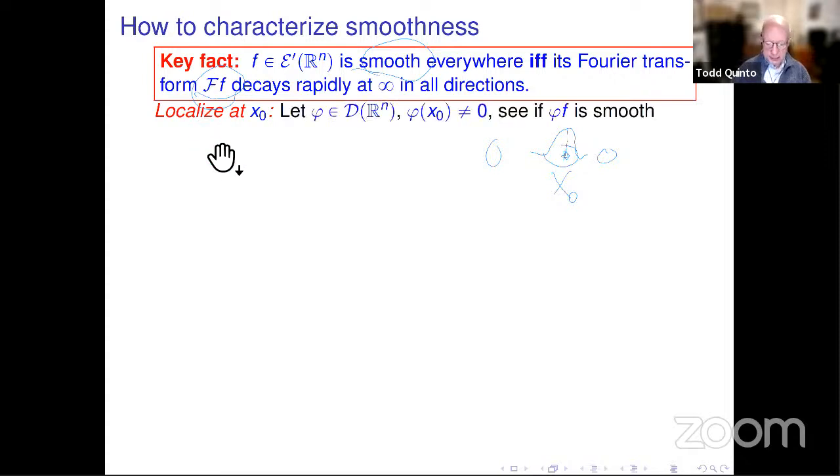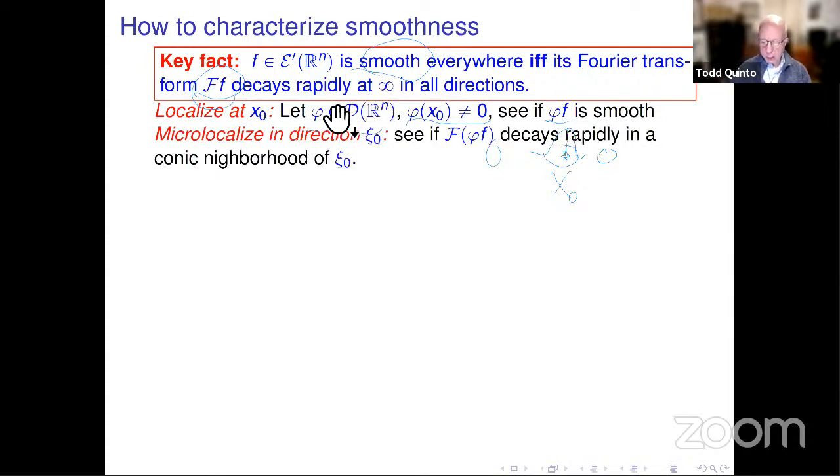And so we take a function phi in D, namely C infinity functions of compact support, not being 0 at x0, and see if phi f is smooth. That'd be one thing to do. And if it's smooth, then f is smooth near x0. But we can do something more subtle. We do what we call microlocalize.